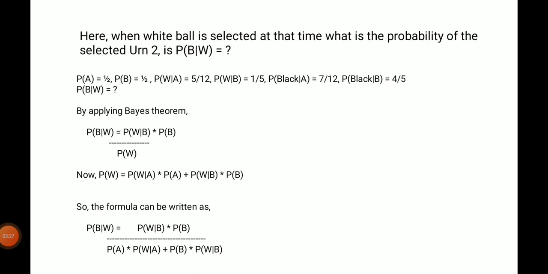A white ball can come from either Urn 1 or Urn 2, so P(W) = P(W|A) × P(A) + P(W|B) × P(B). The formula can be rewritten as P(B|W) = P(W|B) × P(B) / [P(A) × P(W|A) + P(B) × P(W|B)].